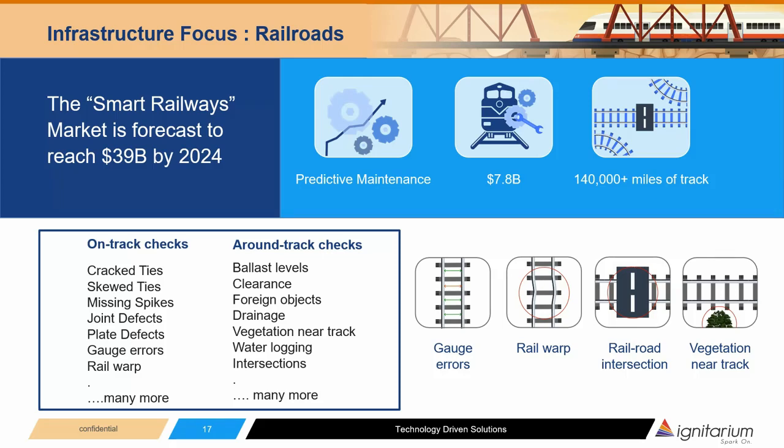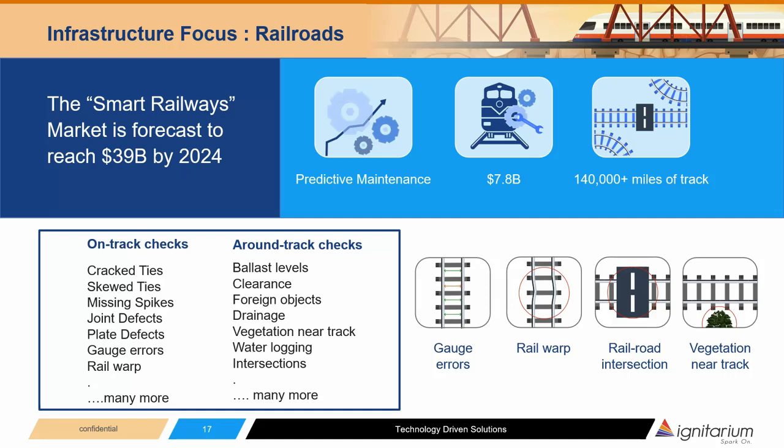The box on the left shows a sampling of the kind of checks that need to be done constantly around railroads. There are literally hundreds of these categories of checks. Some of them on track, some of them around track checks. On-track checks could be checking for things like rail warpage or errors in gauge or defects in plates.